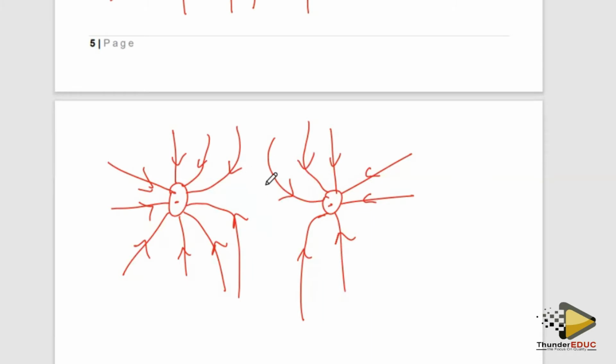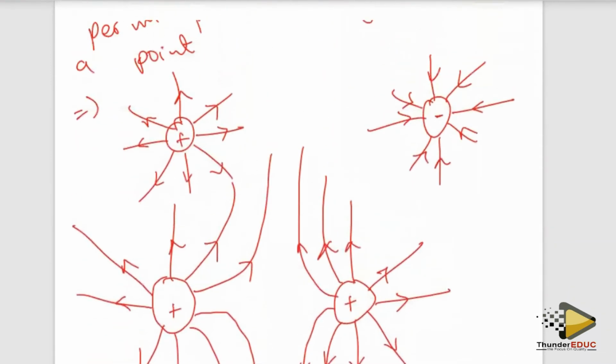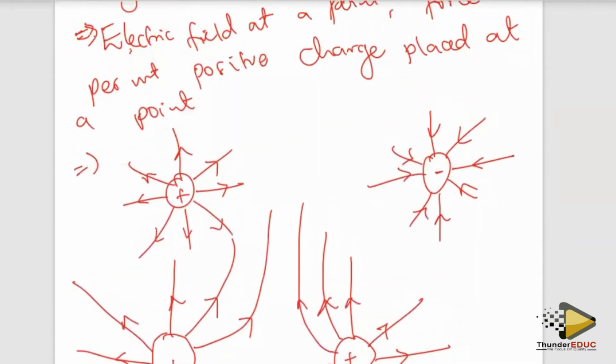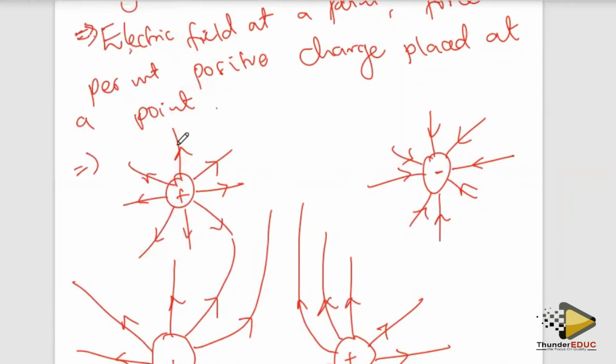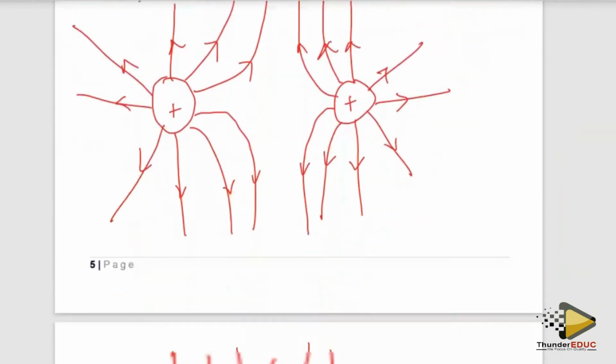Now this region of space, there will be no force, because the net force there is 0. So sometimes, let's say if you're talking about the electric field, you can put a positive Q here or a negative Q there, and then see what will happen.